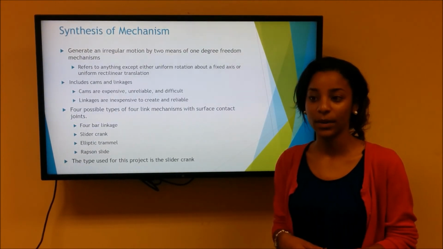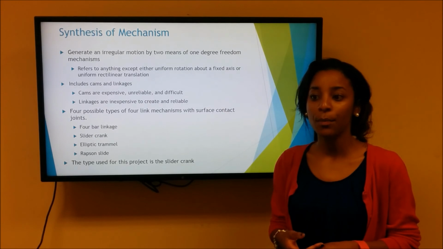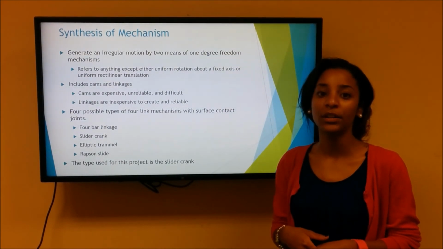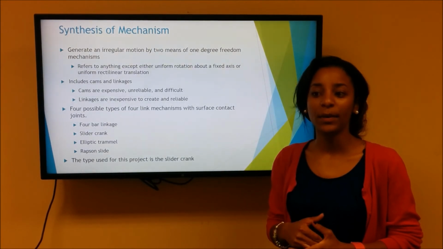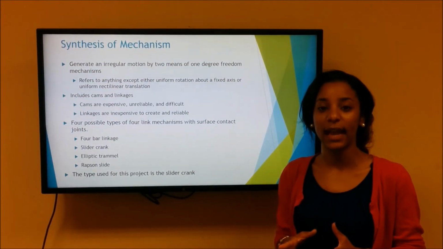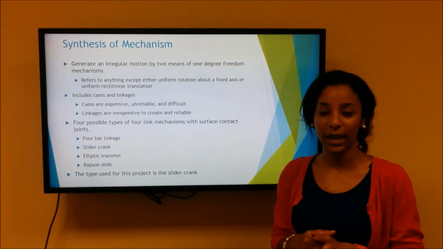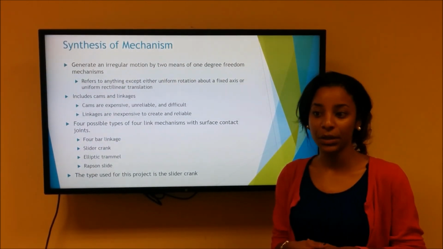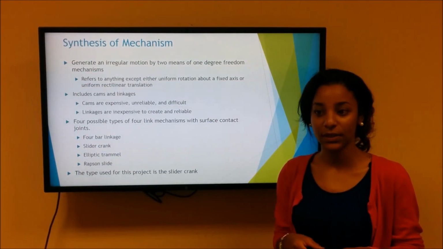Synthesis of mechanisms. Synthesis refers to irregular motion by means of 1 degree of freedom mechanisms. It refers to anything except either uniform rotation about a fixed axis or uniform rectilinear translation.